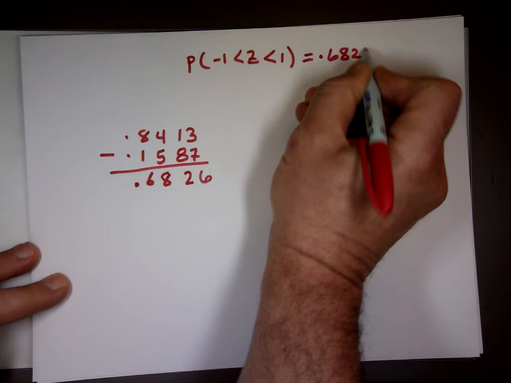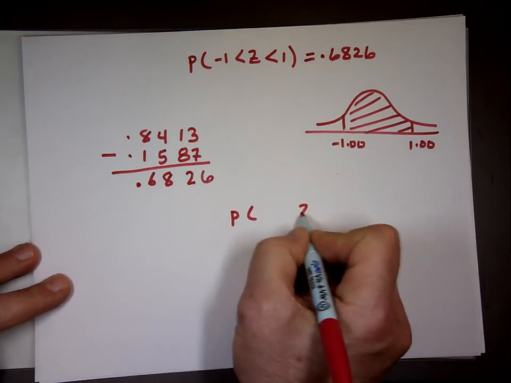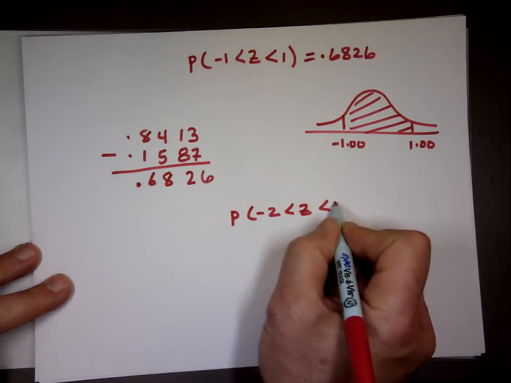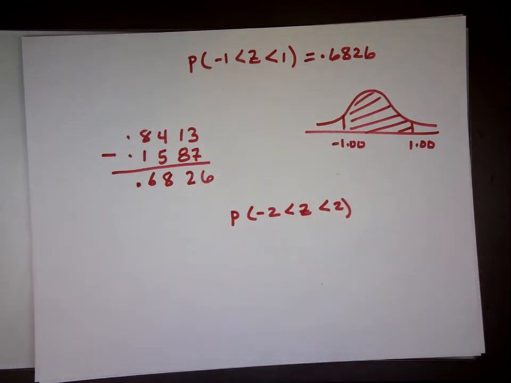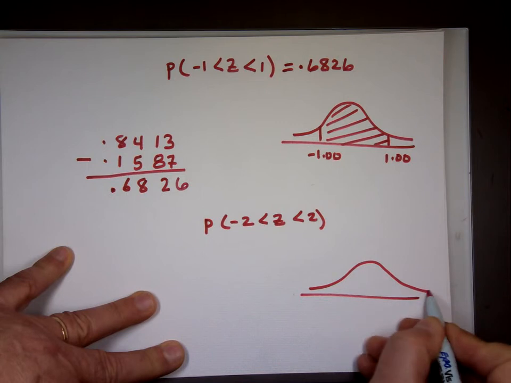Do you recall what was the value for 2 standard deviations? 95%. Let's see if that's 95%. That's actually where the numbers came from. This is the 2. This is the -2.